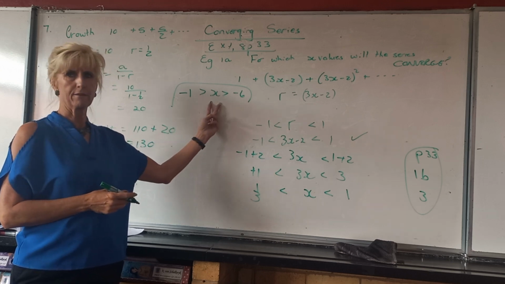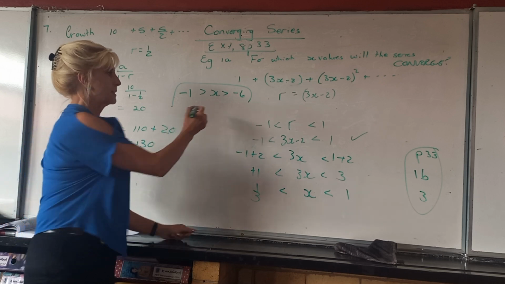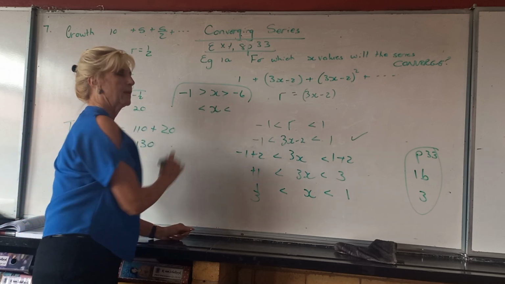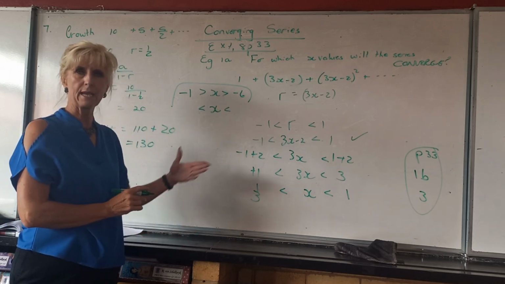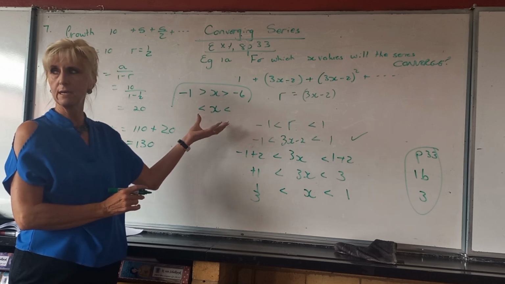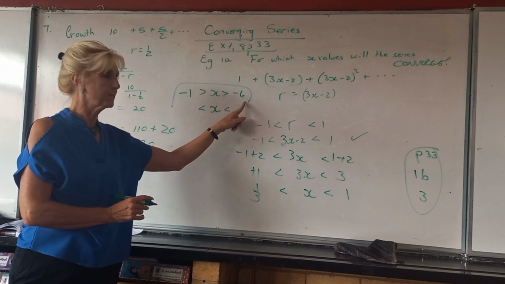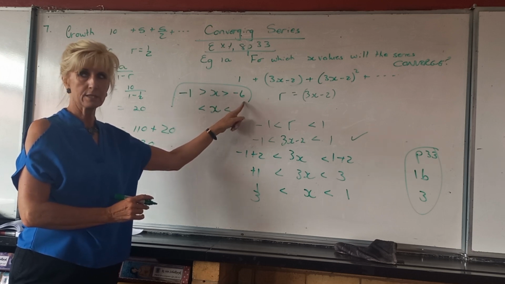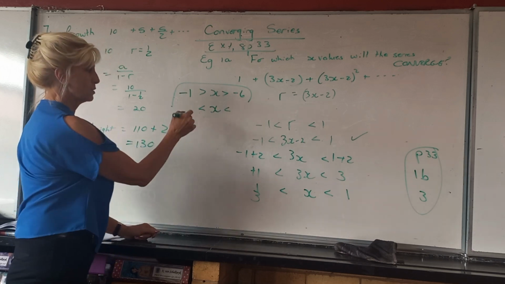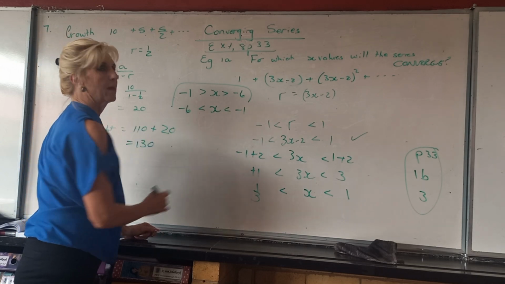We don't like writing stuff like this. We always write our composite statements with the inequality sign like that. And this should be the smaller one, and this should be the bigger one. So this is the smaller one. That's why when I swap it around, it should be there and there.